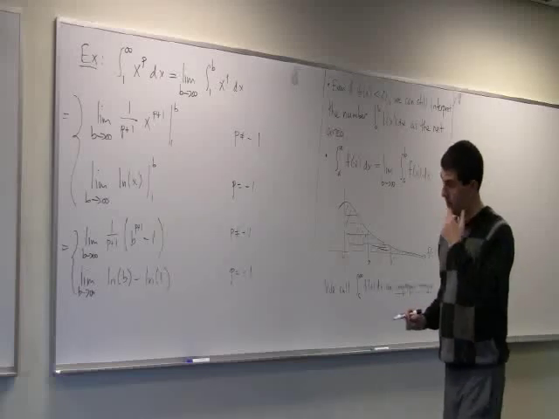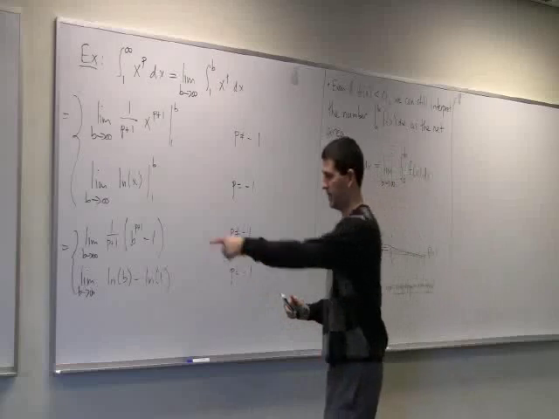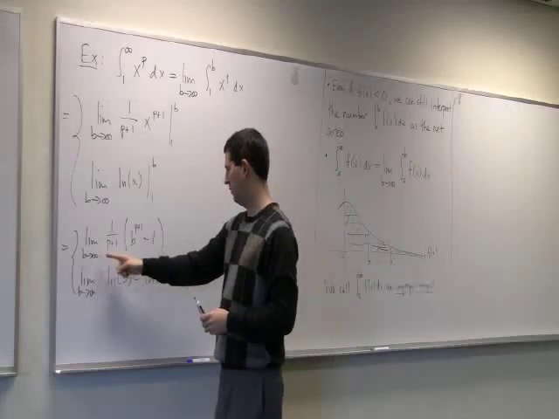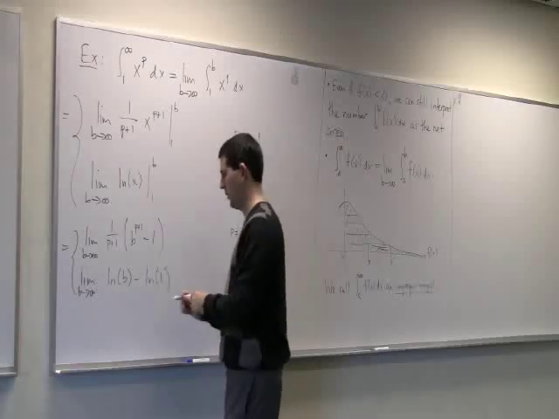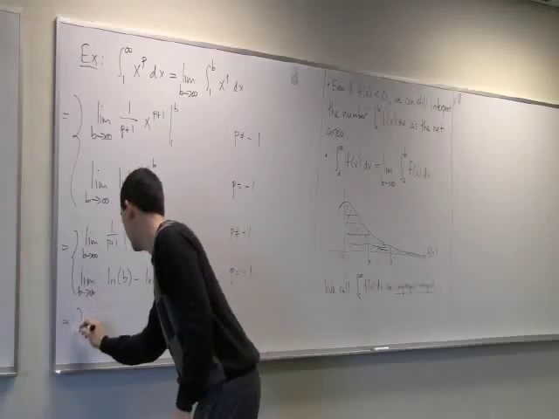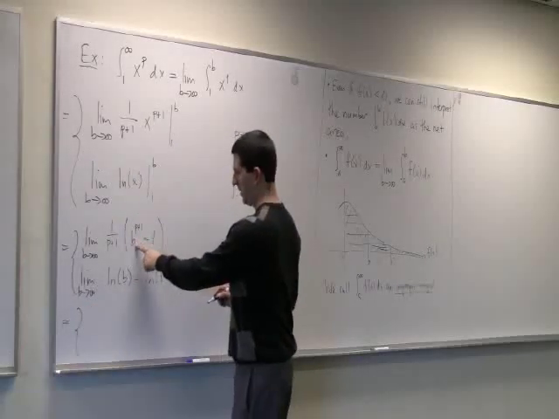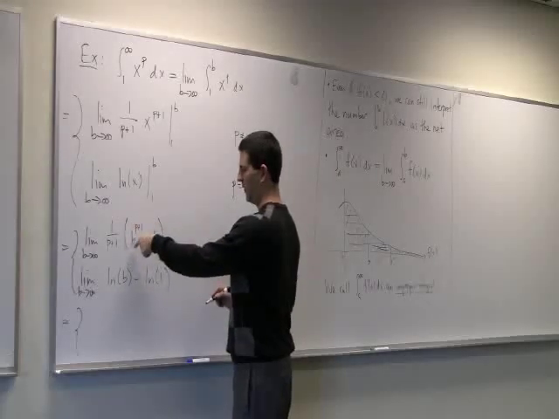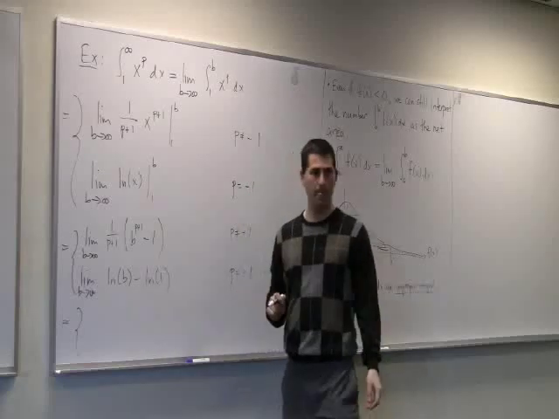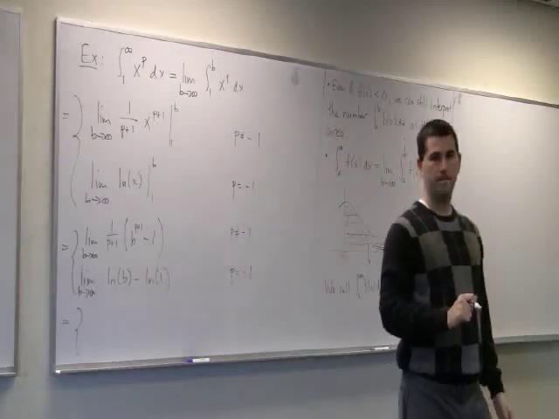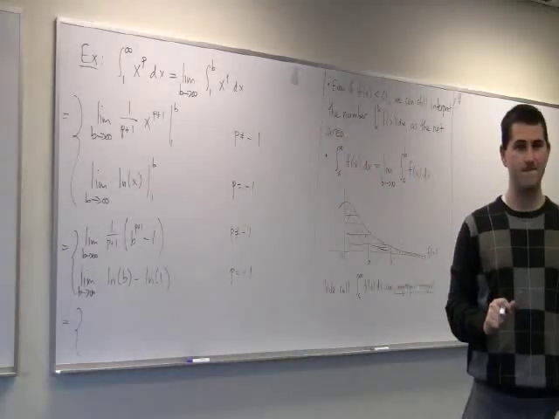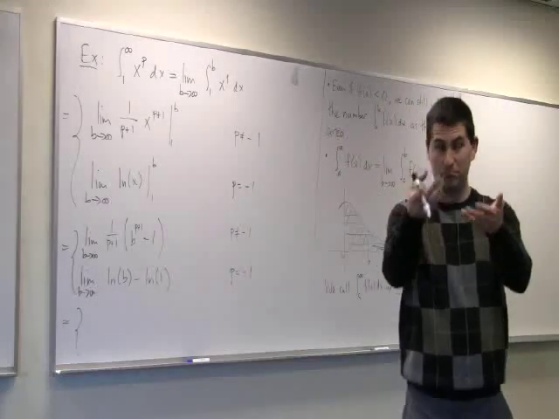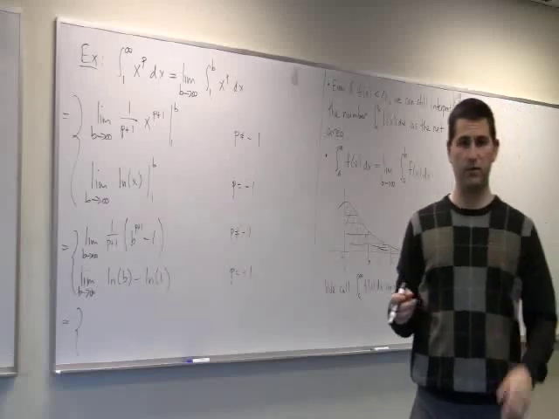Okay, so now it's just a question of figuring out what happens as b goes to infinity. As b goes to infinity, what happens to this? If something going to infinity getting raised to the p plus 1. So if p plus 1 is... if it is... Ben says it goes to infinity.